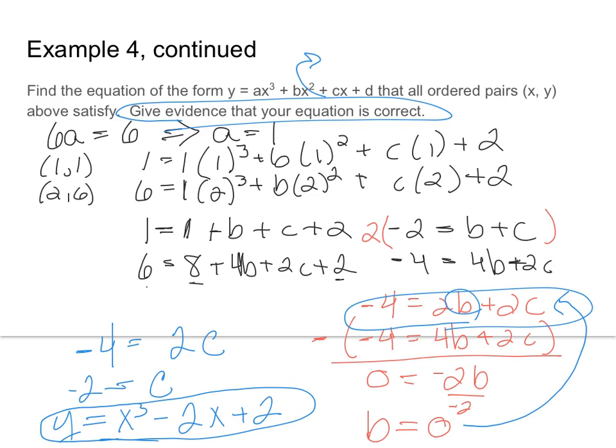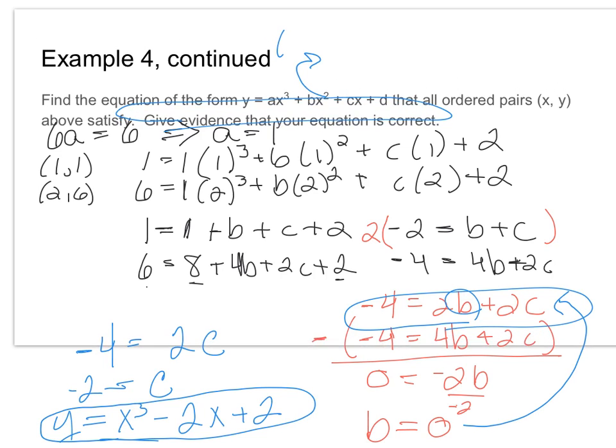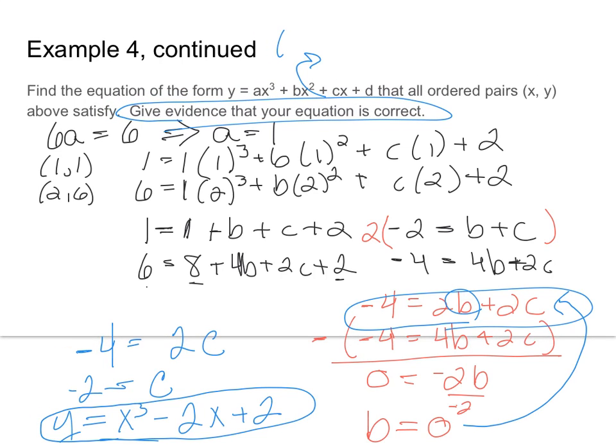I'm going to check one of the other ordered pairs in the equation that I made. x, y, so 3, 23 equals x cubed, so 3 cubed minus 2 times 3, plus 2.